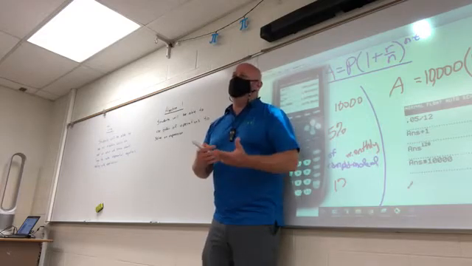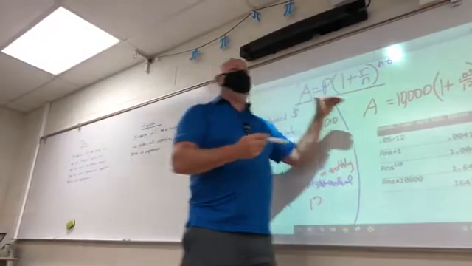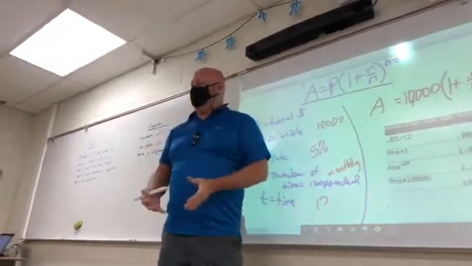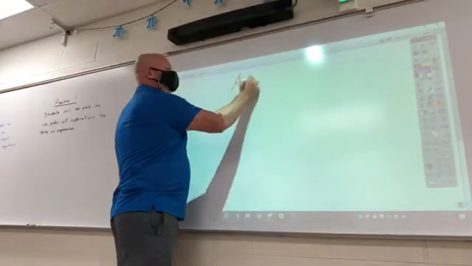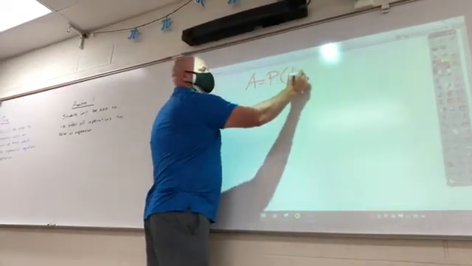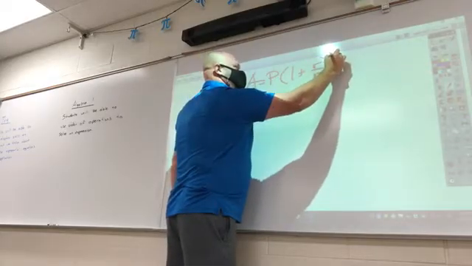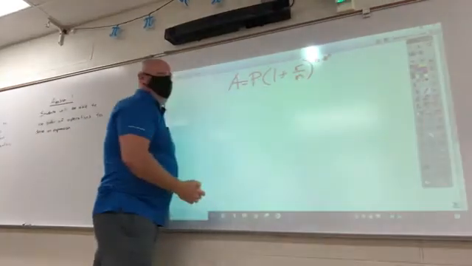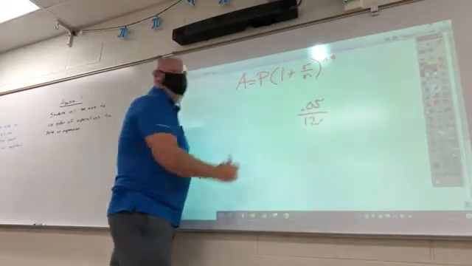That's a fairly simple question. But this formula gets a whole lot harder if you change the question. The question becomes, using the same formula, I've got a bank that gives me 5% interest, and it's compounded monthly.